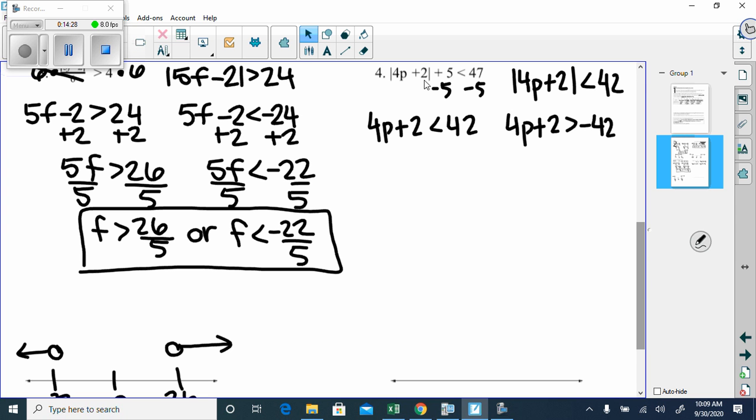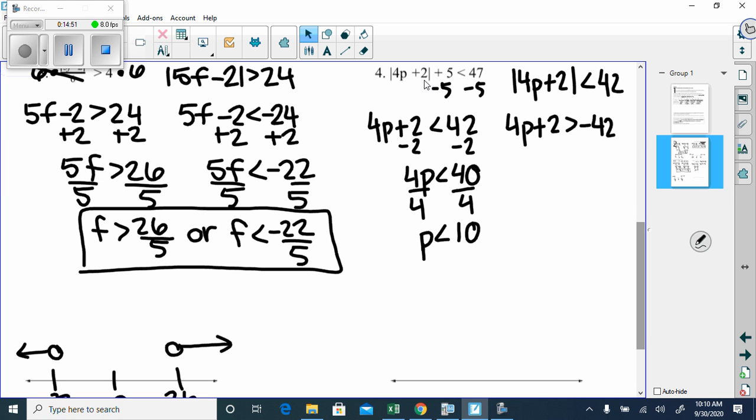We just had to solve. So I need to move the 2 first. So I was left with 4p is less than 40. And then we had to divide. So I'm left with p is less than 10.